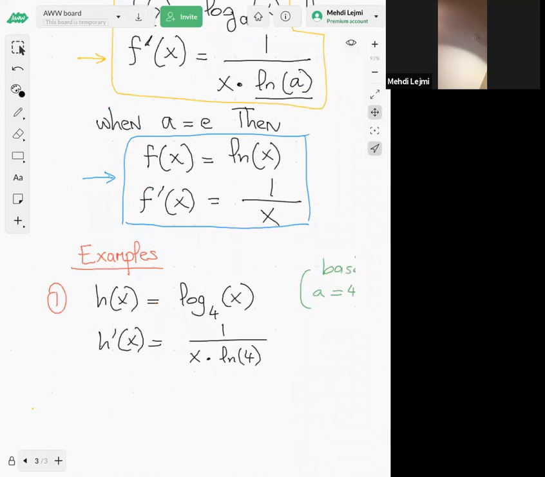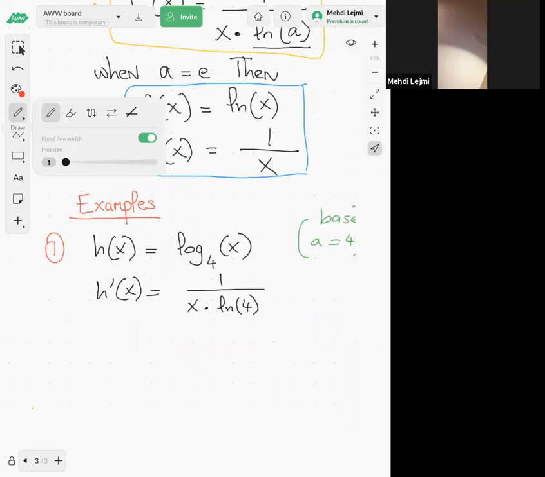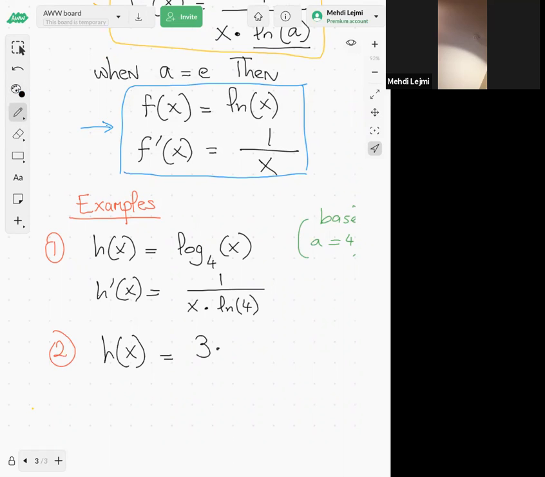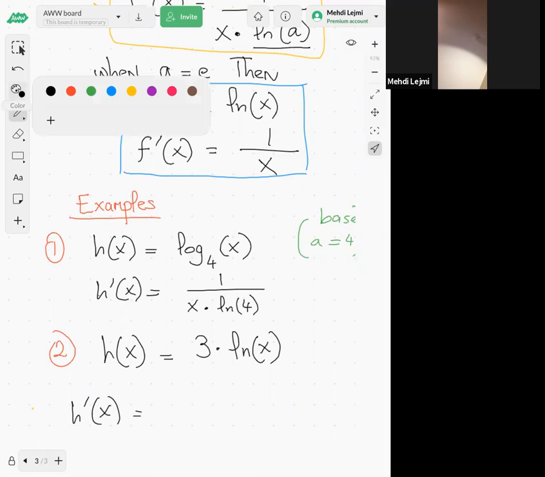Another example. This is example number 2. Let's say h of x is equal to 3 times natural log of x. What would be h prime of x? Well, here it's a product, and of course you can apply the product rule.